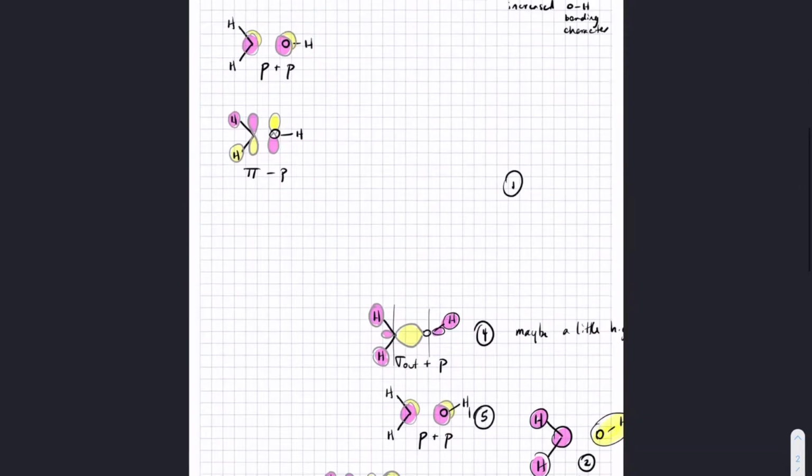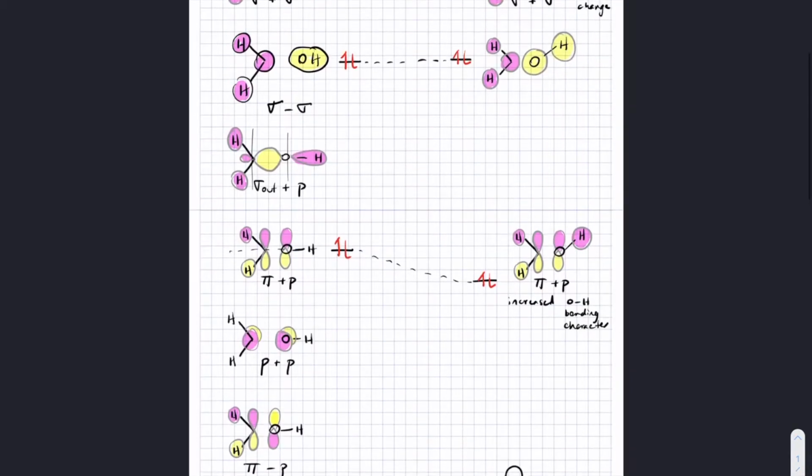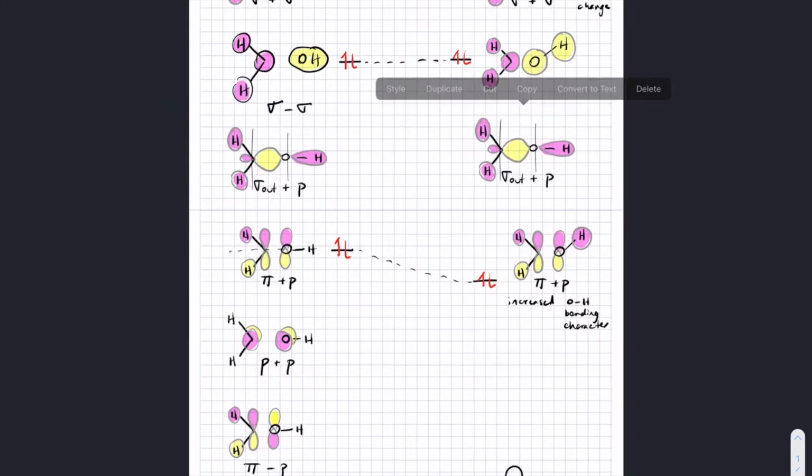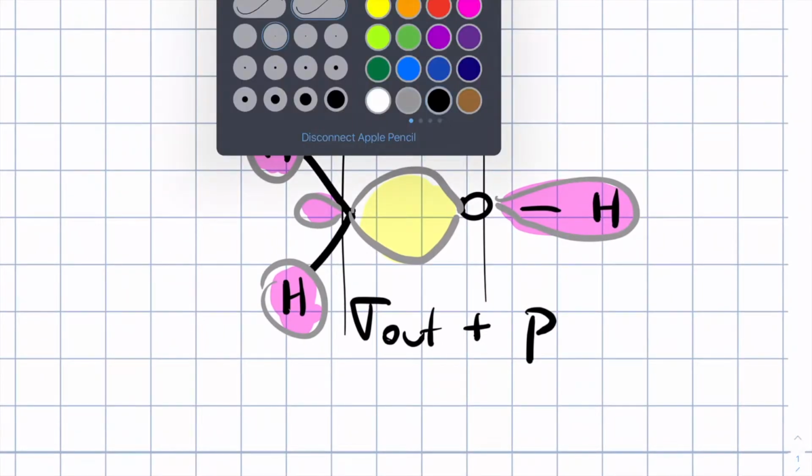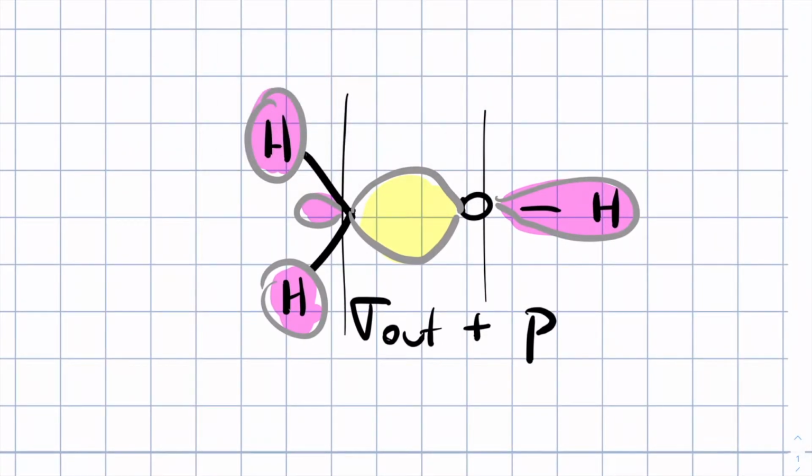Did we do that one last time? All right, this lobe on the left of the sigma out orbital really came from the p orbital on oxygen overlapping with the 1s orbital on hydrogen.